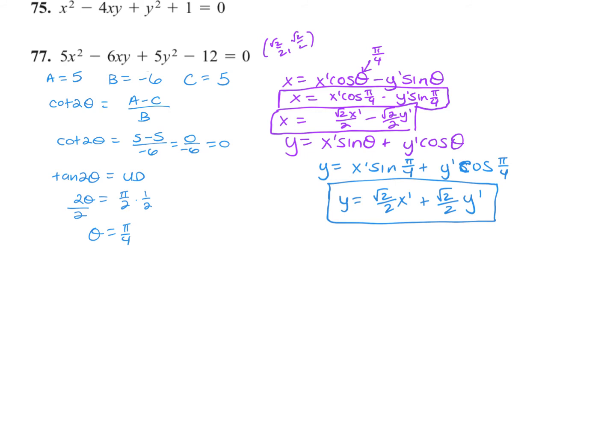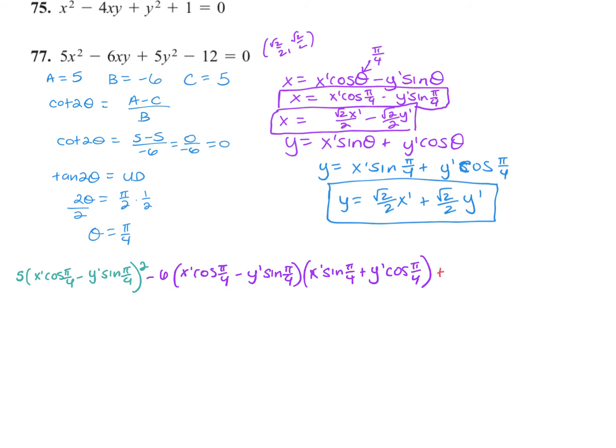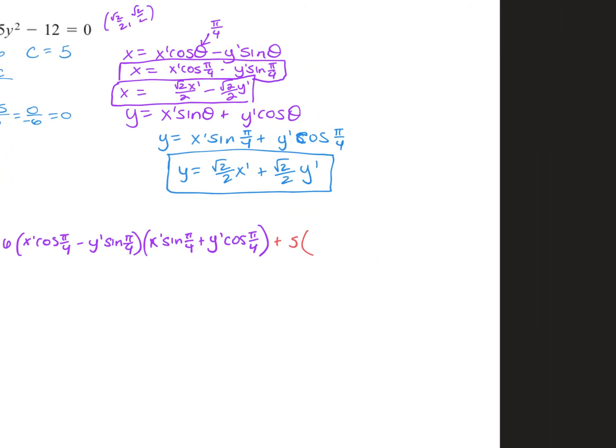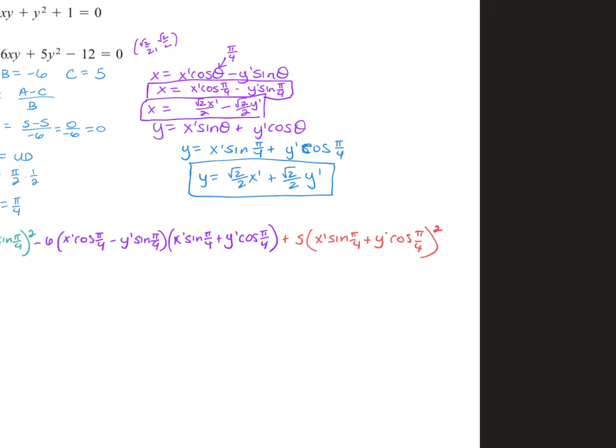So if I plug them in as we did yesterday, it would be 5 times x prime cosine pi over 4 minus y prime sine pi over 4, squared, minus 6 times x prime cosine pi over 4 minus y prime sine pi over 4, times the y, which is x prime sine pi over 4 plus y prime cosine pi over 4, plus 5 times, all right, so now I'm at this part, right?